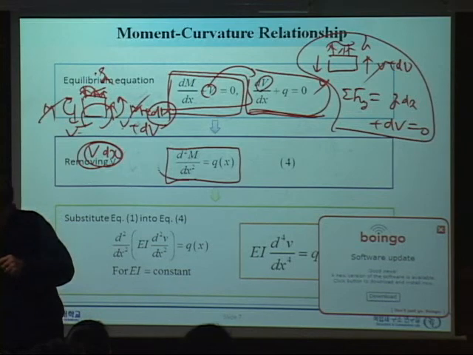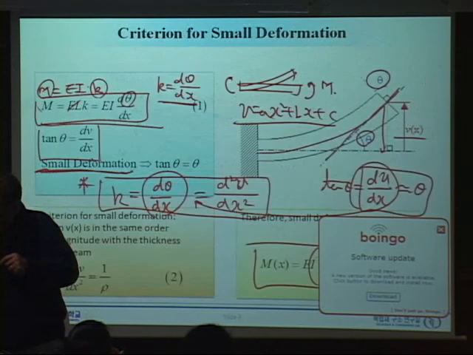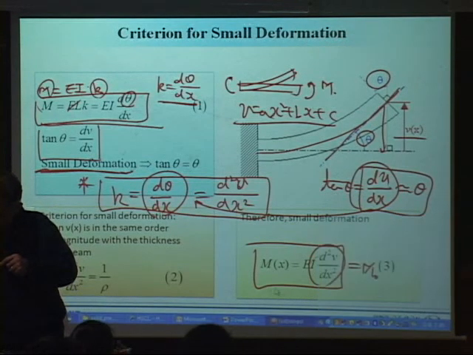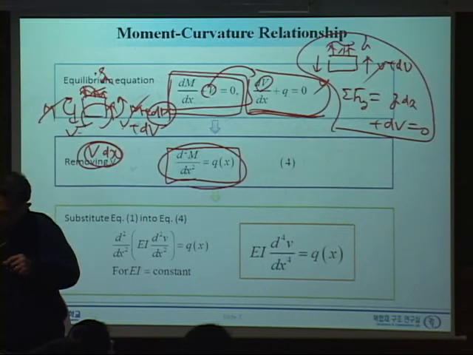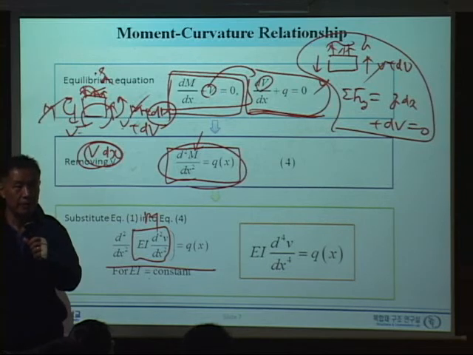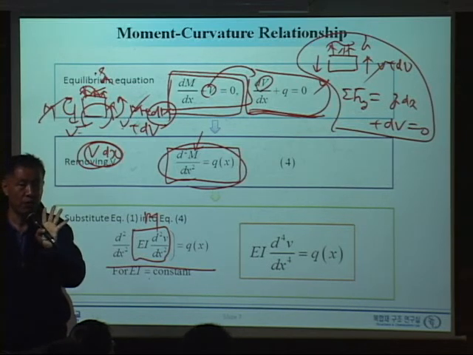So combining these and the previous relations, okay, let's combine them, put it here. Then we have, this is the M, we have this fourth order differential equation.